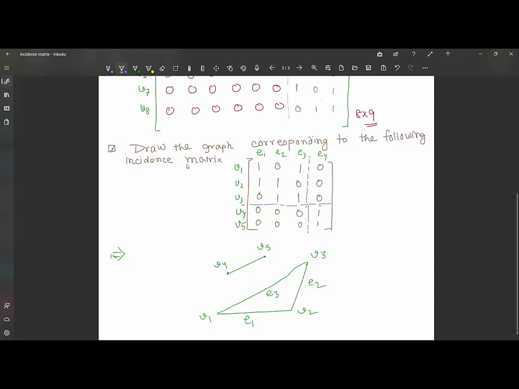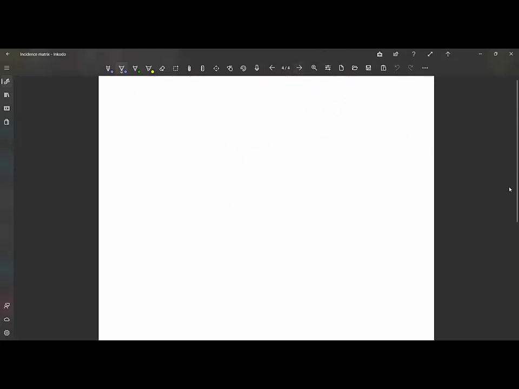Before that, just take one problem as homework from the non-directed graph incidence matrix. Just take some of the problems.